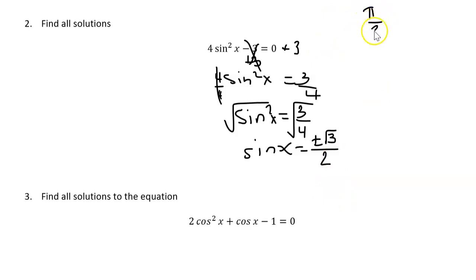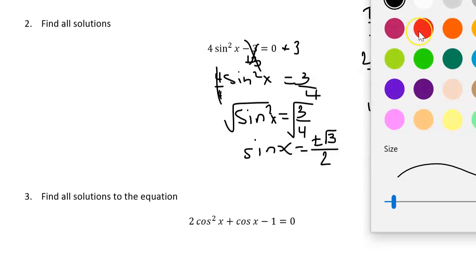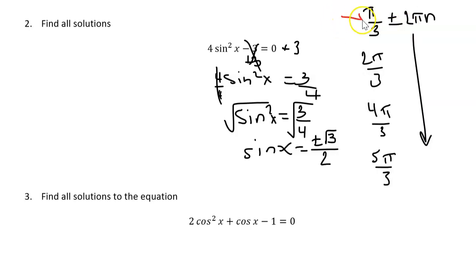pi thirds, 2 pi thirds, 4 pi thirds, and 5 pi thirds. Now it's interesting because there is a smarter way to write this. Since we're writing for all solutions, we've got to put a plus 2 pi n on the end of each answer. However, we know that pi thirds is 180 degrees or half a rotation or pi away from 4 pi thirds.